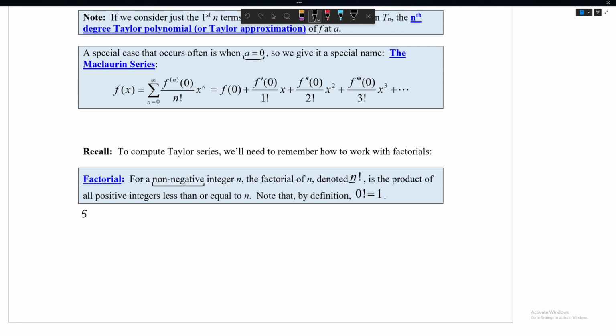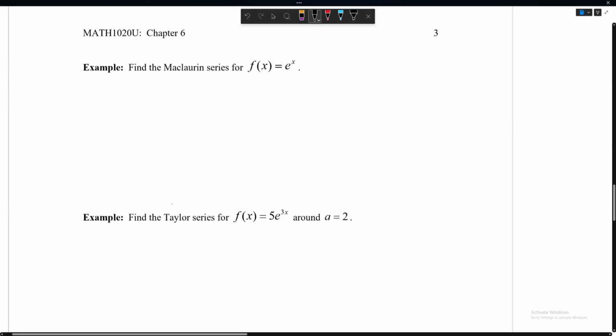If I have 5 factorial, it'll be 5 times 4 times 3 times 2 times 1. You don't multiply by 0, only positive integers. My 0 factorial is by default 1. If I do 2 factorial, it's just 2 times 1, which is 2. That's what factorial means.